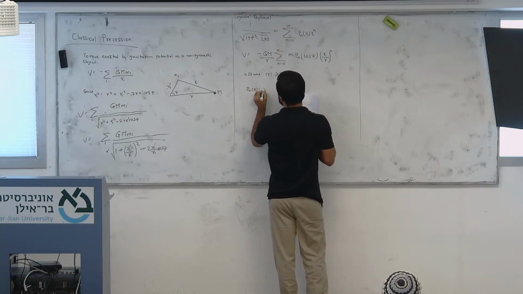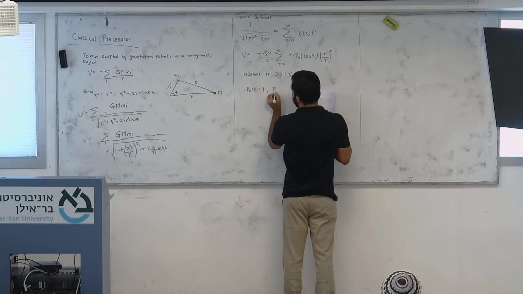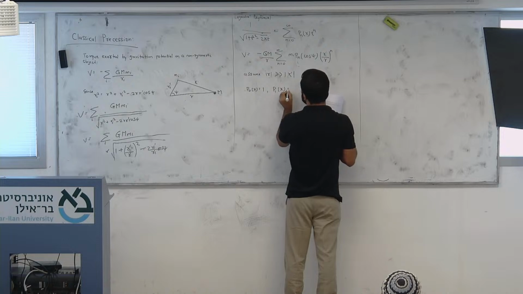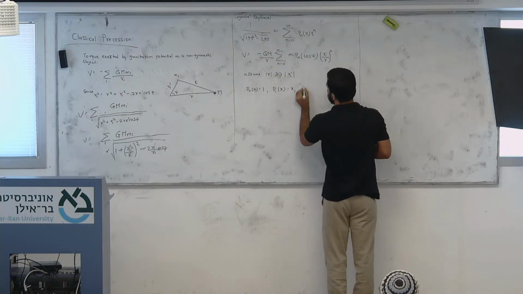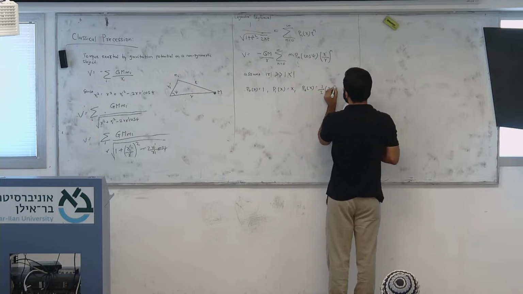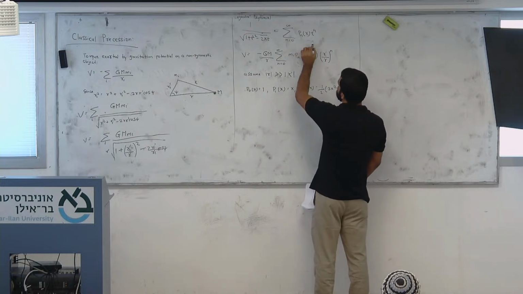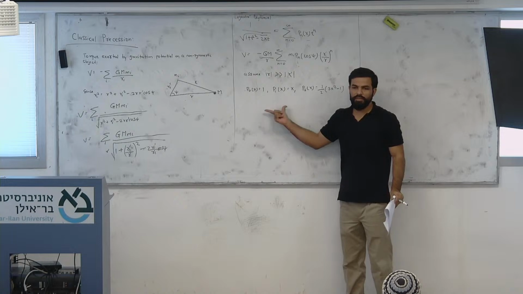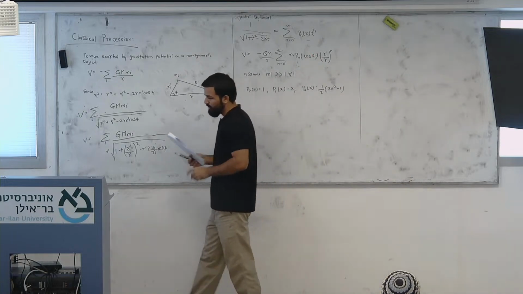P1 of x is x. P2 of x is 1 over 2 times 3x square minus 1. Good. So these are the first 3 components of the Legendre polynomial.